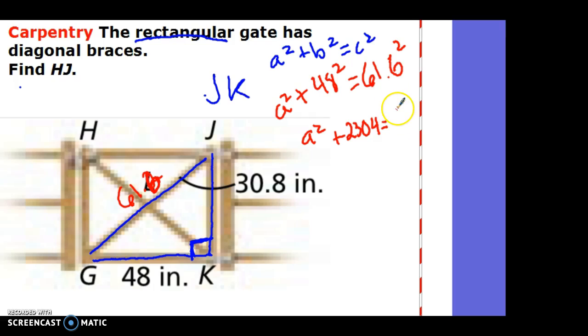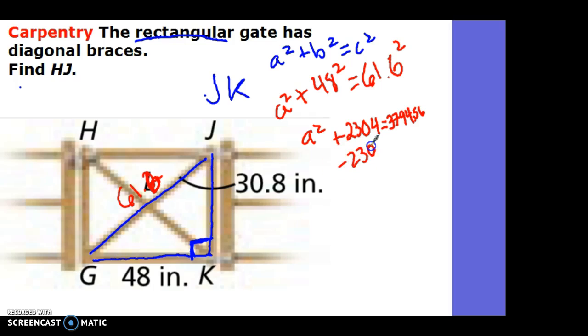I cannot do this one in my head. Wish I could. That'd be super impressive. 3,794. And what's the decimal? 0.56, 56 hundredths. Now, let's solve.